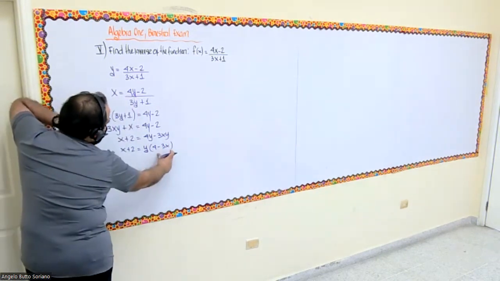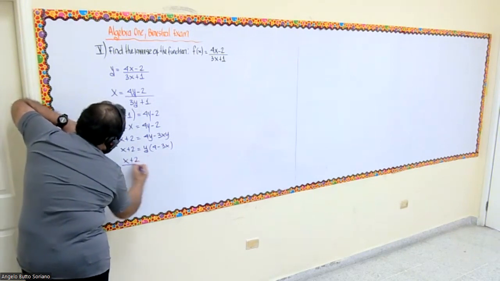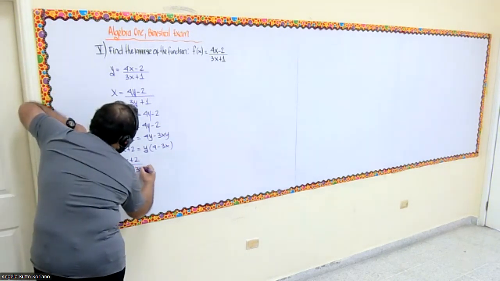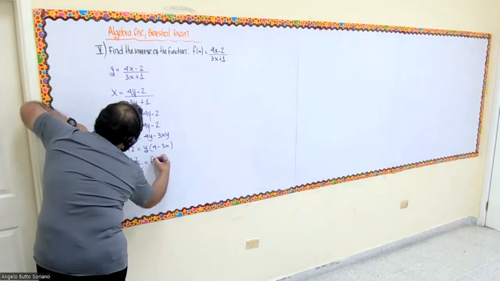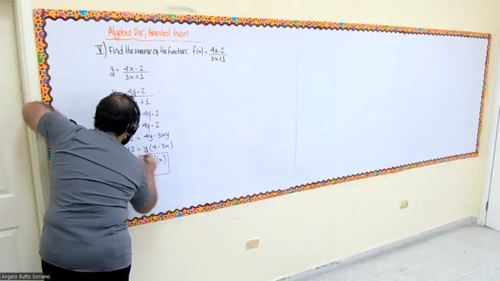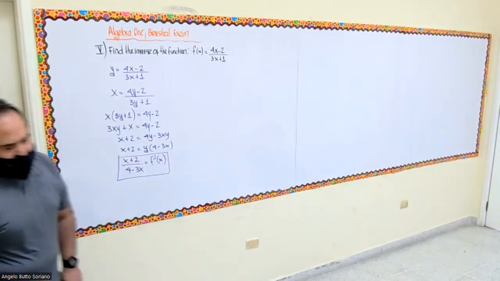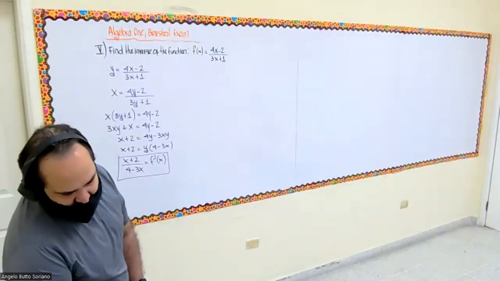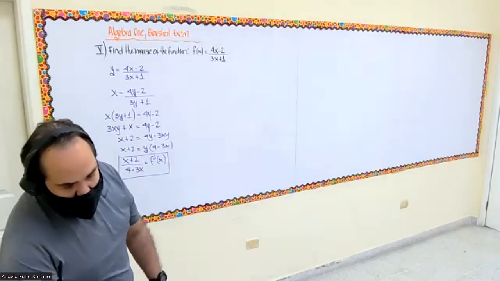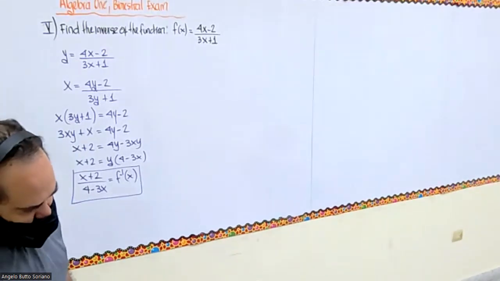And 4 minus 3x is multiplying, passes to divide. So the expression given by (x plus 2) over (4 minus 3x), this is going to be f inverse of x. When you solve for the new y, this is going to be the inverse of the function. Okay? That was the solution set, at least, for the part number 5.